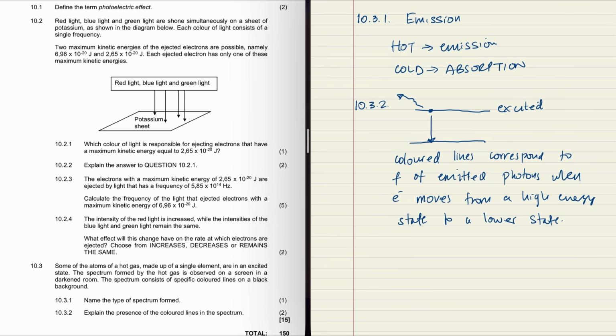So it's currently in that excited state and it's going to go back to the ground state. When it goes down, it gives off energy, it gives off light of a specific frequency that then shines onto the black background in a specific color. And that's the whole paper.